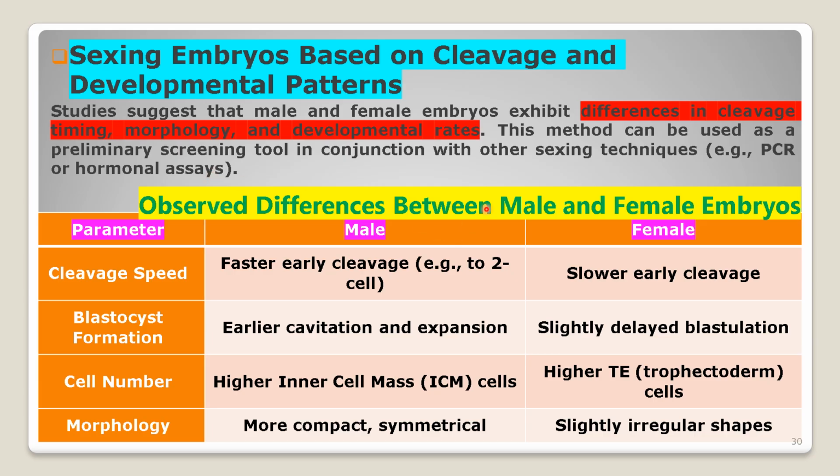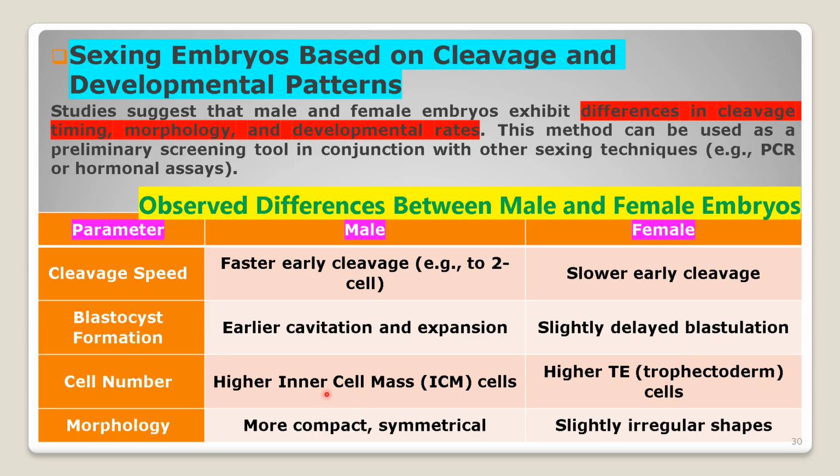So what are the observed differences between male and female embryos? Look at cleavage speed, for example, which is faster in males, slower in females. The blastocyst formation takes place earlier in males, while it is slightly delayed in females. The cell number is higher in males.